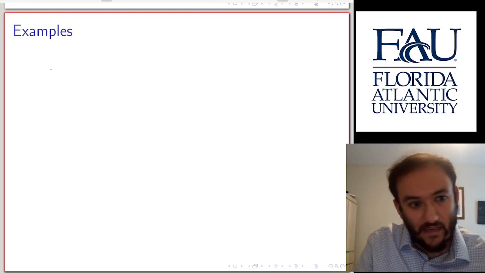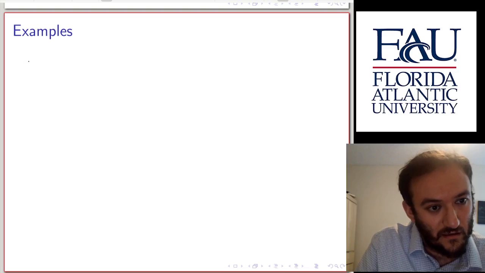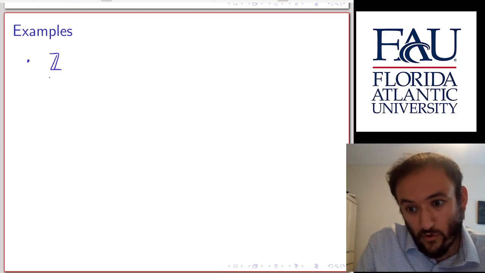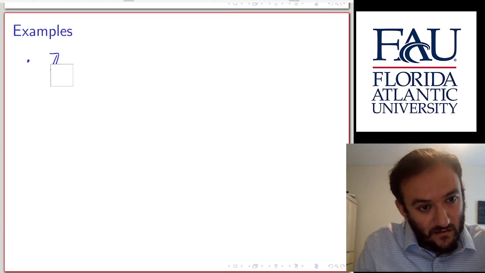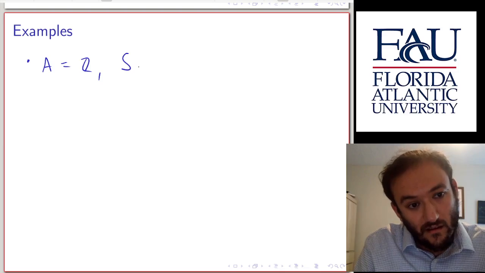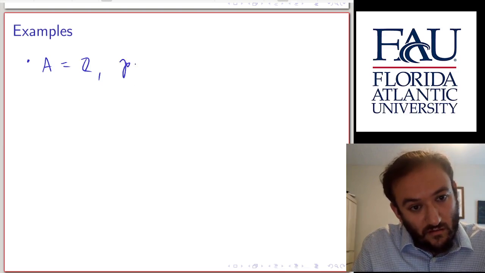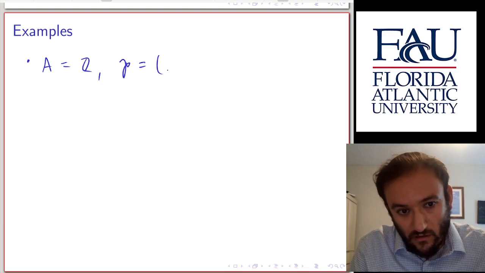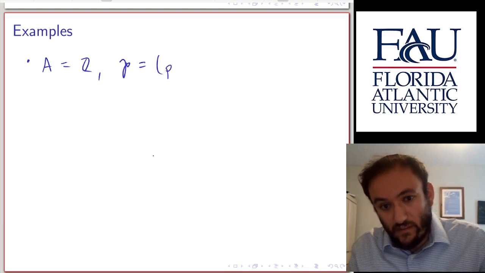So let's do a quick example. As before, I have the ring Z, so let A equal Z. The prime ideals are 0, and then the ideal generated by a single prime.